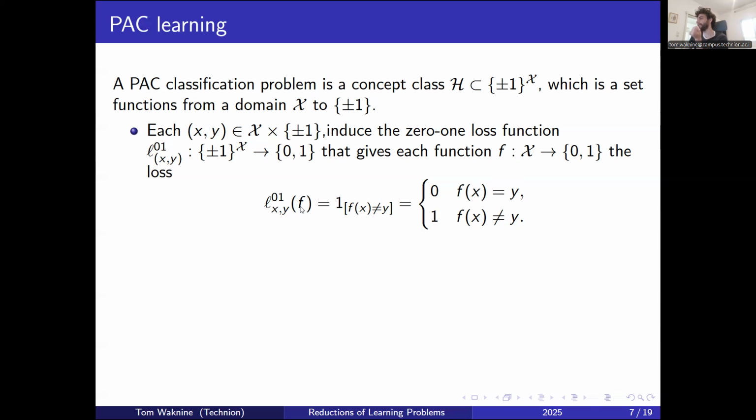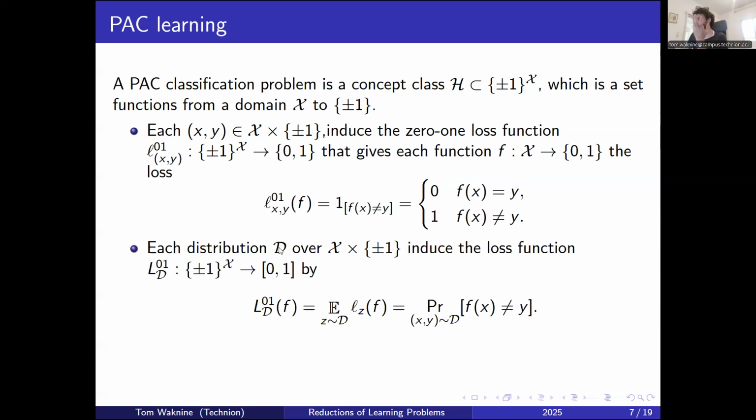So the loss of f at the point (x, y) is 0 if f(x) is y and 1 if f(x) is not y. If f classifies x correctly, you don't receive a loss. If f does not classify x correctly, you receive a loss of 1.